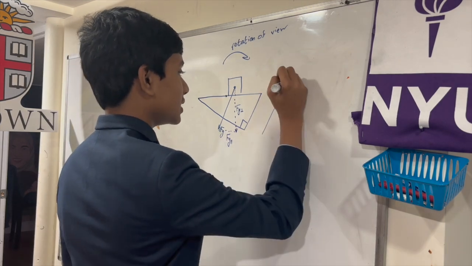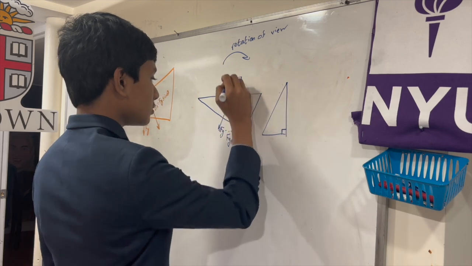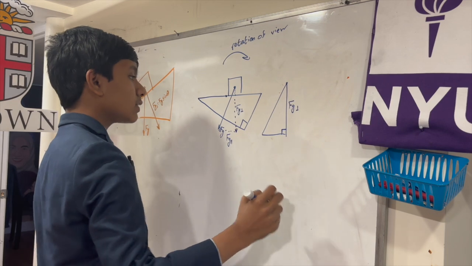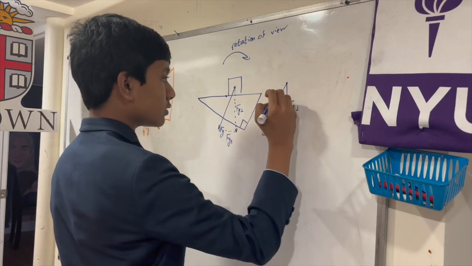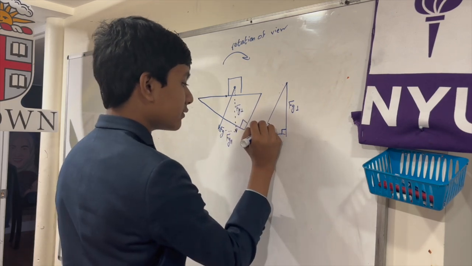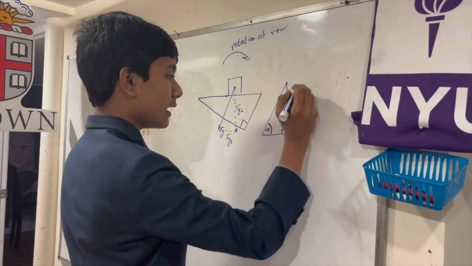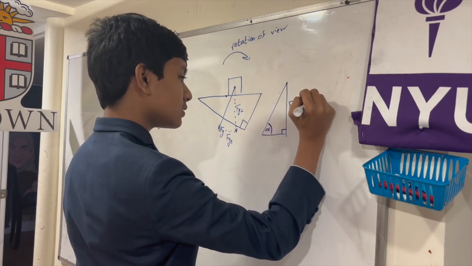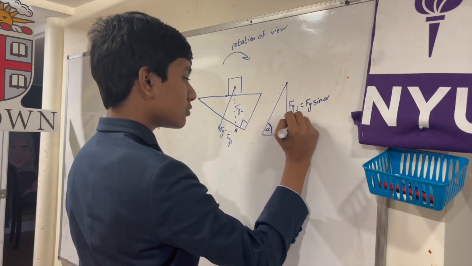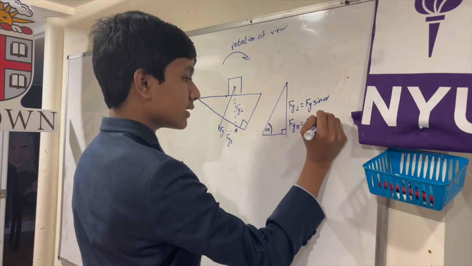So we just have a right triangle over here. Let's introduce a new angle and call this angle alpha. Then FG perpendicular is equal to FG sine alpha, and FG parallel is equal to FG cosine alpha.